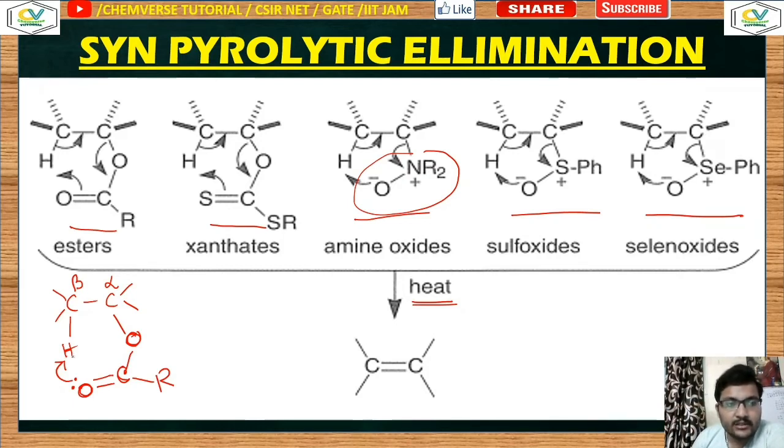As a result, when it abstracts one hydrogen from here, there will be a negative charge over here. It is a concerted one, but in order to understand the mechanism, I am writing it step by step. So here carbon R. Initially you can think of one negative charge over carbon and one positive charge over oxygen.